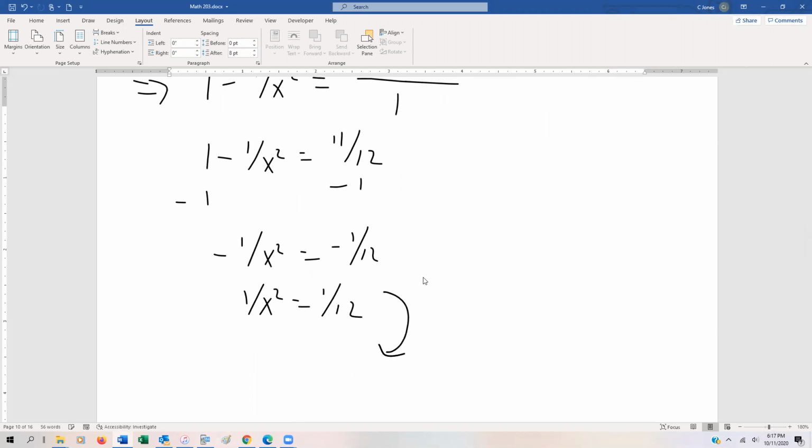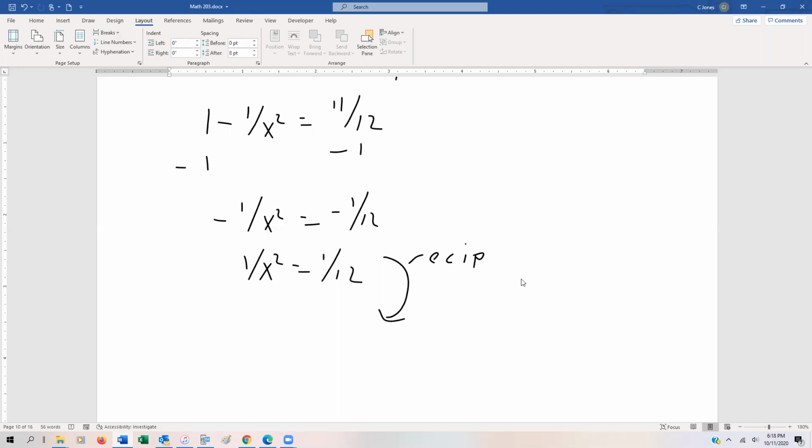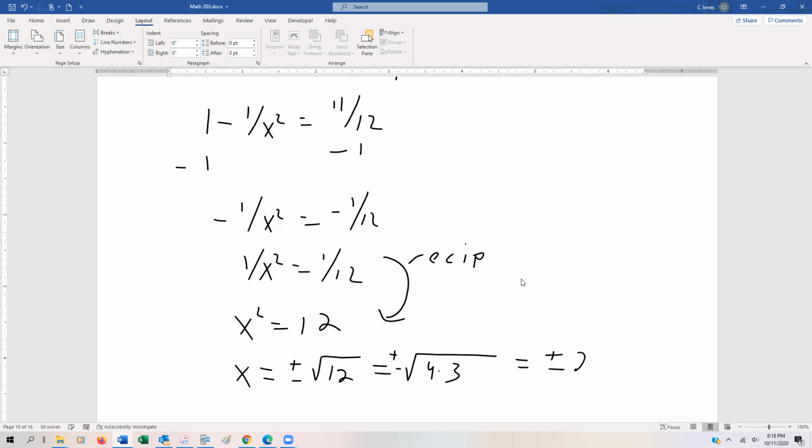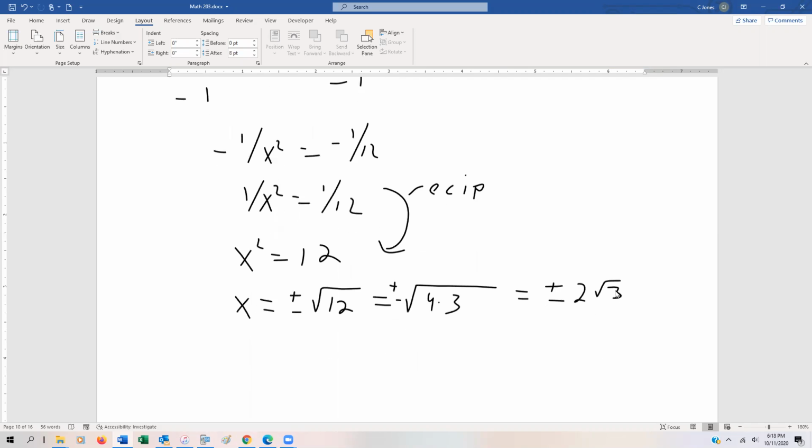We could take the reciprocal of both sides. That's a legal operation. So that means that x squared is equal to 12. And then finally, we take the square root of both sides. So x is equal to plus or minus square root of 12. Remember, 12 can be written as 4 times 3. And so the most simplified version of that is plus or minus 2 roots of 3.